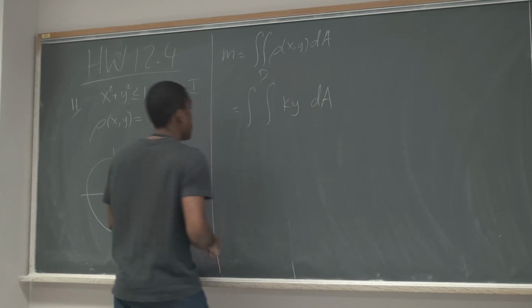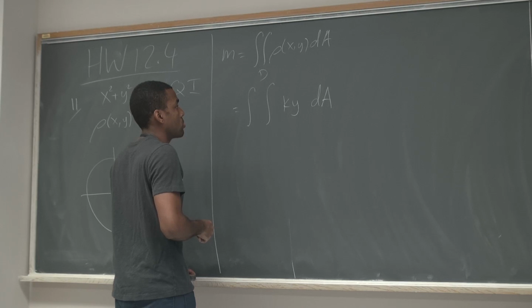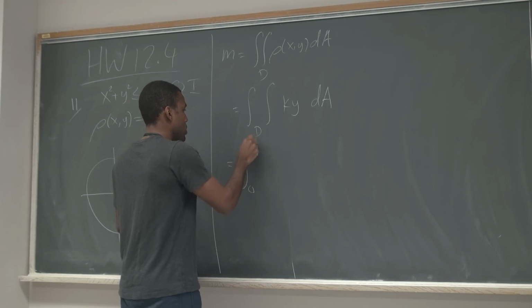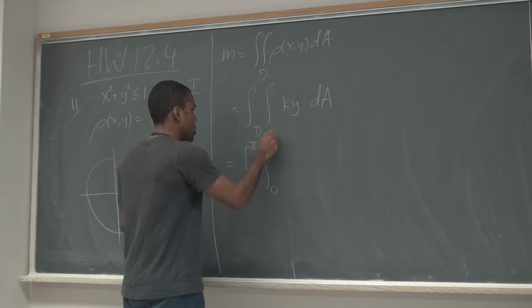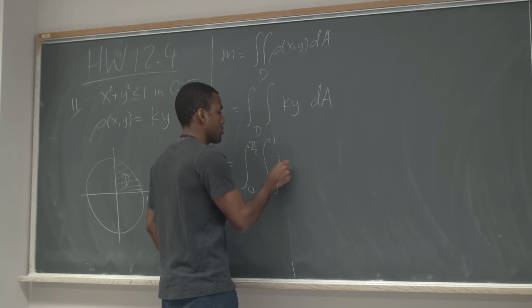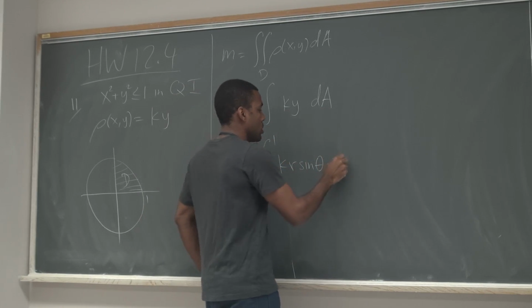How do you set this up? We want to switch to polar coordinates. So theta goes from 0 to pi over 2, r goes from 0 to 1, k y becomes k r sine theta, and dA becomes r dr d theta.